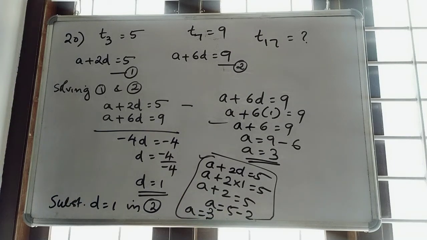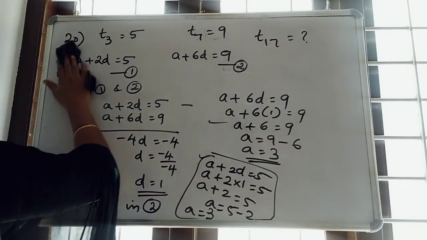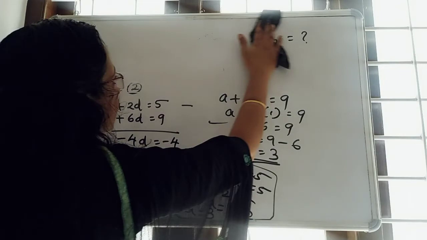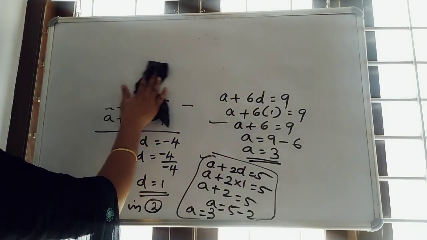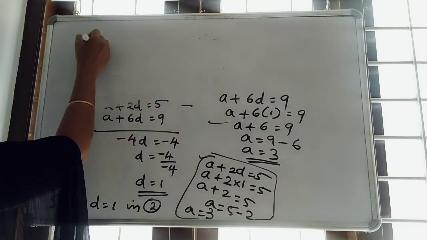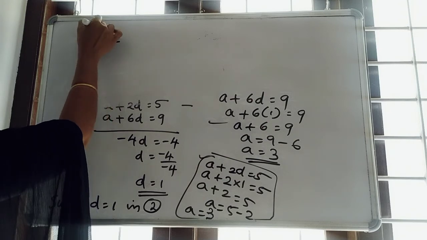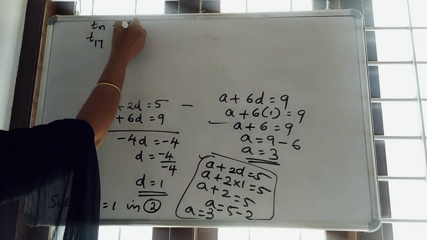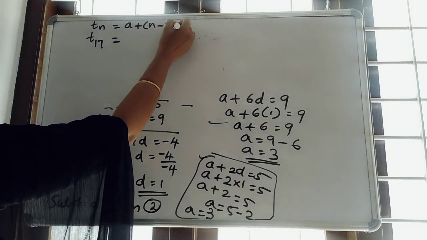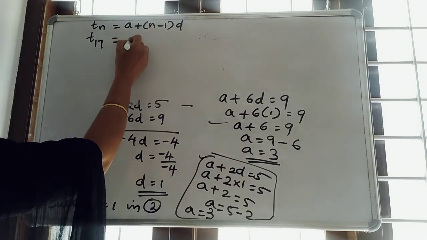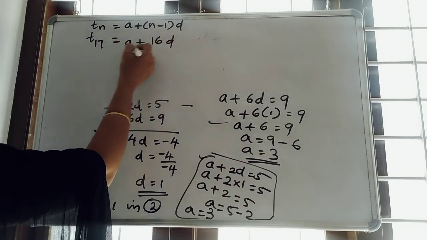We want to find out T17, that is the 17th term. So how can we find the 17th term? We have Tn is equal to A plus n minus 1 into D. First we want to write the formula, okay. Tn is equal to A plus n minus 1 into D. That you should write. Then T17 is equal to A plus 16D.